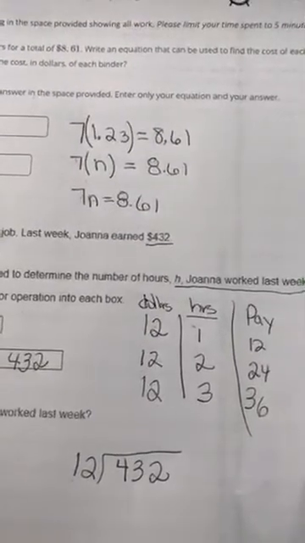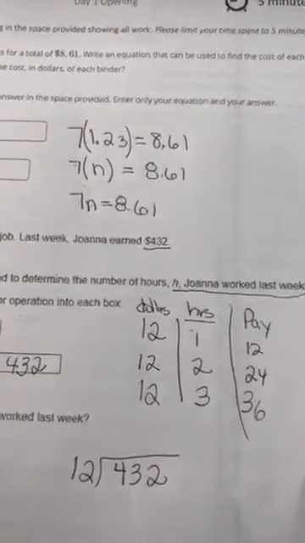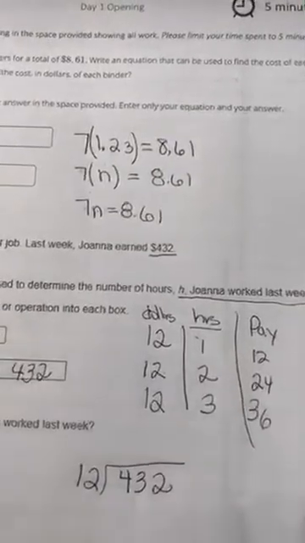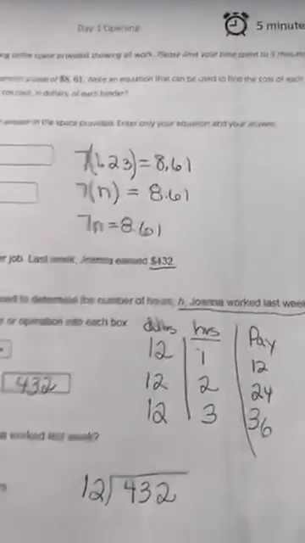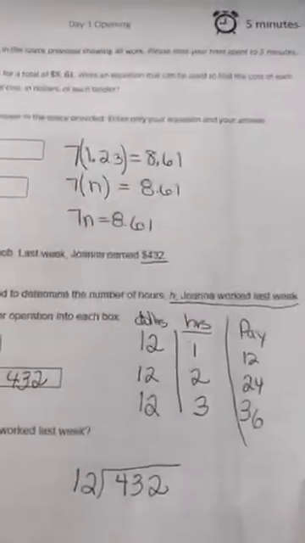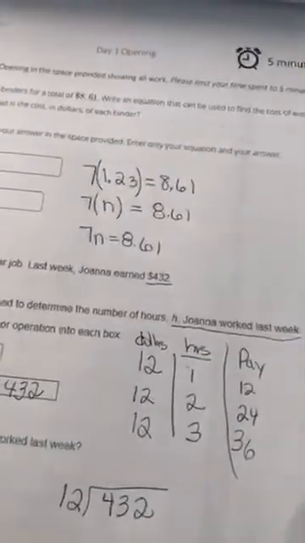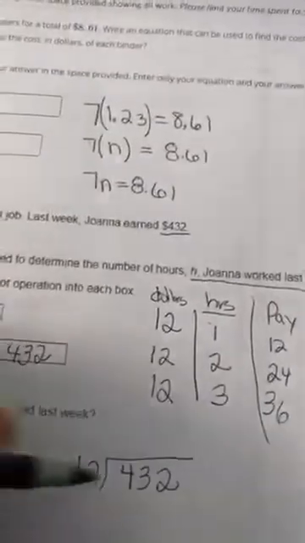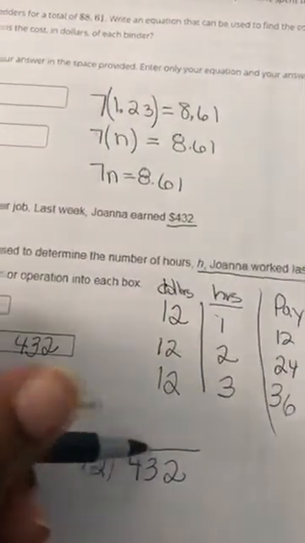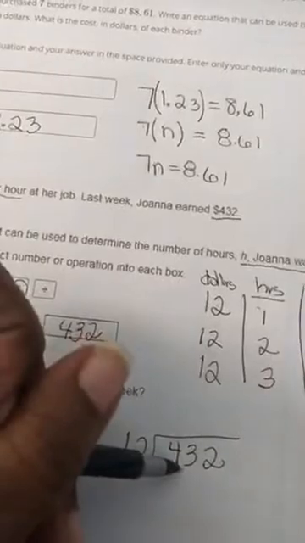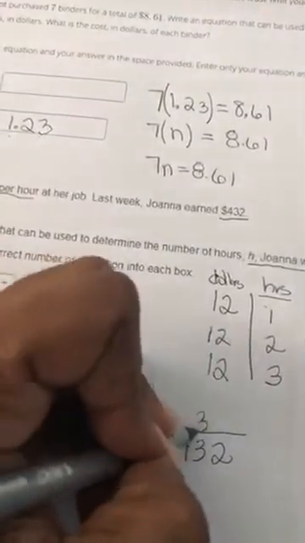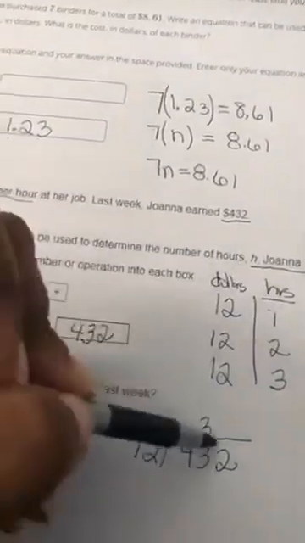Think about your 12 times tables. Three. Excellent. My 3 goes over the 3 because I'm saying how many groups of 12 are there in 43? Multiply it out. 12 times 3 is what?